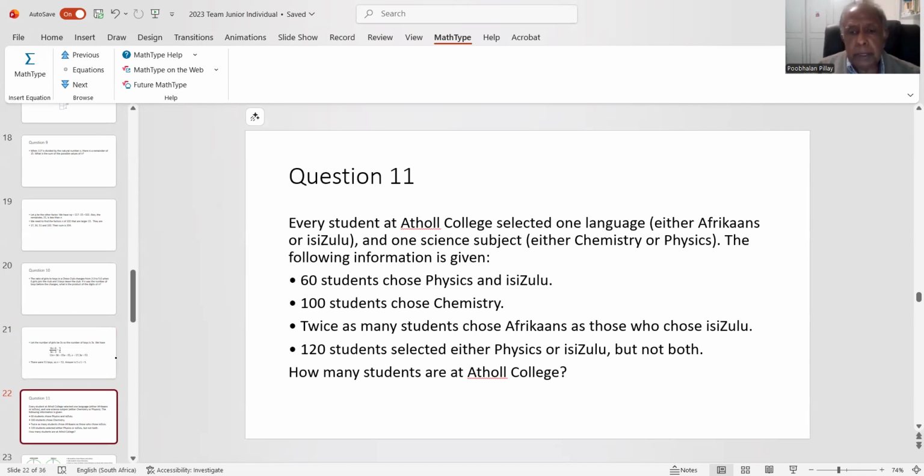So you have lots of information that is given. 60 students chose physics and isiZulu. 100 students chose chemistry, and twice as many students chose Afrikaans as those who chose Zulu, and so on. So you got all kinds of information. We have to put them together.